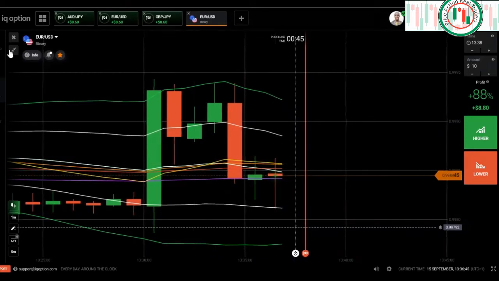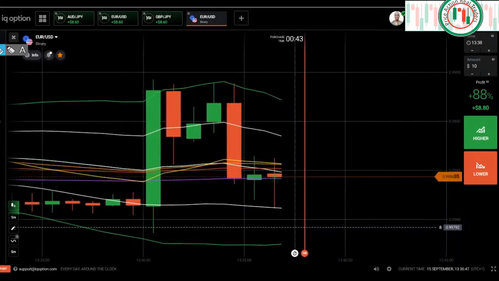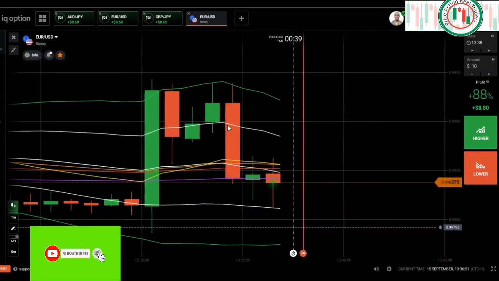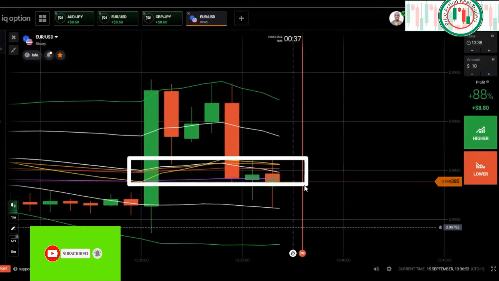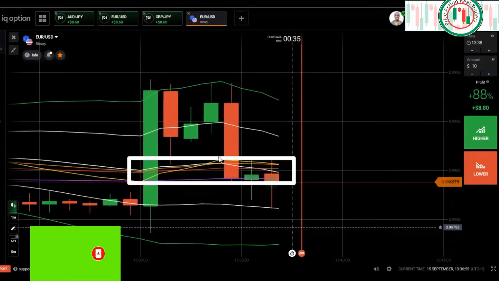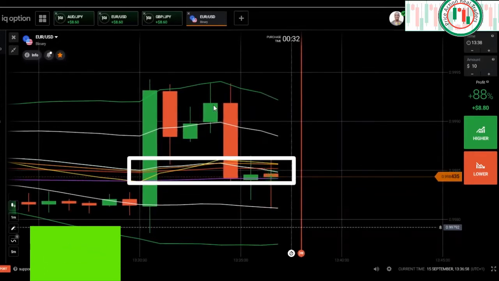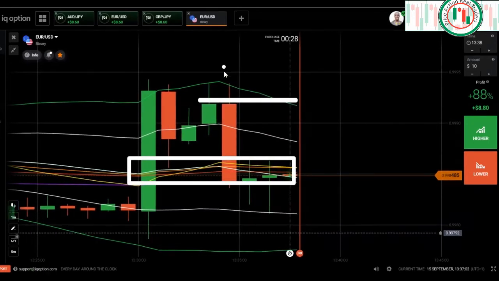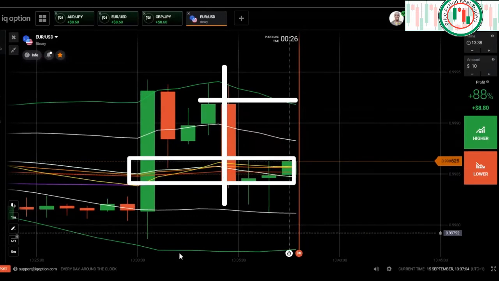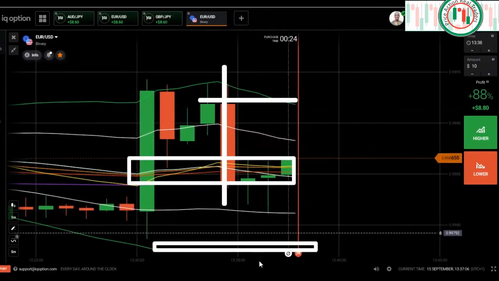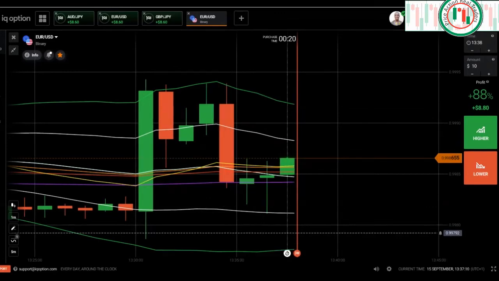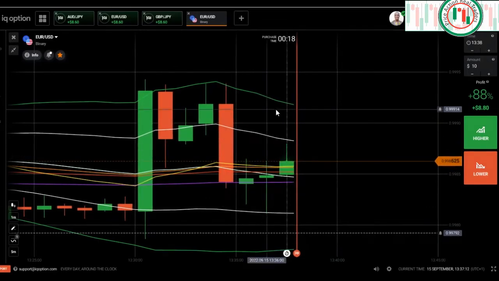Because the EMAs are together here, you see the EMAs are together here, so always you should expect a strong entry. Even if the market is here, you should expect the market to push down strongly, or if the market is here, you should expect the market to push up strongly, because the EMAs are together.